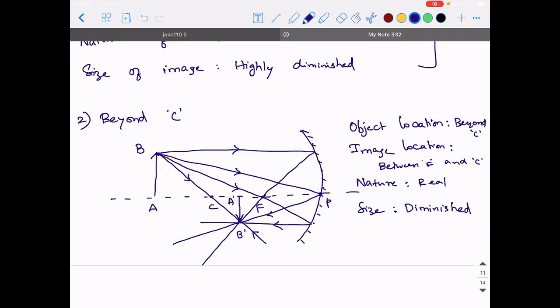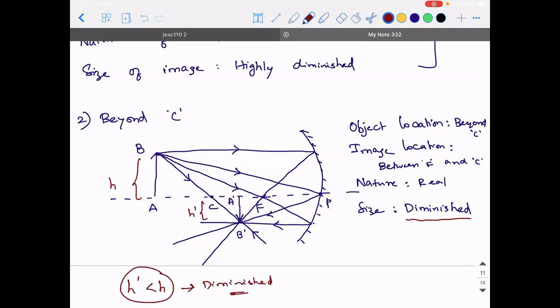It is diminished. It is not highly diminished. Highly diminished means it's a point-sized image. Diminished means it has a finite size. Means if this size is h and this size is h dash, h dash is less than h, that is the meaning of diminished. Am I clear?